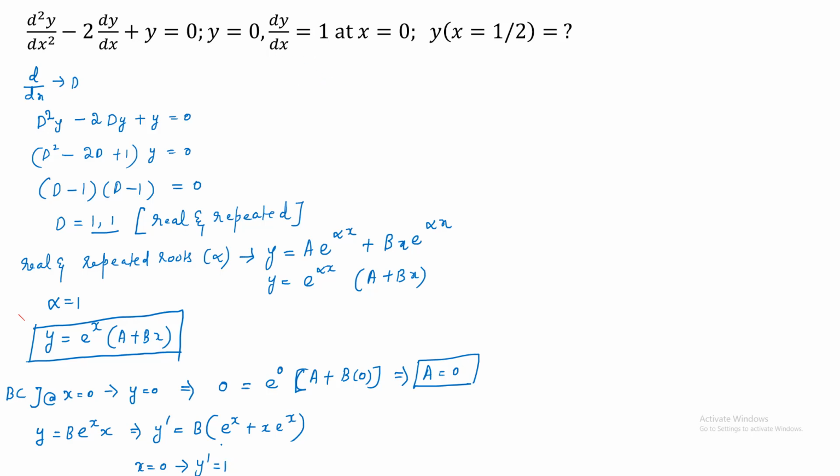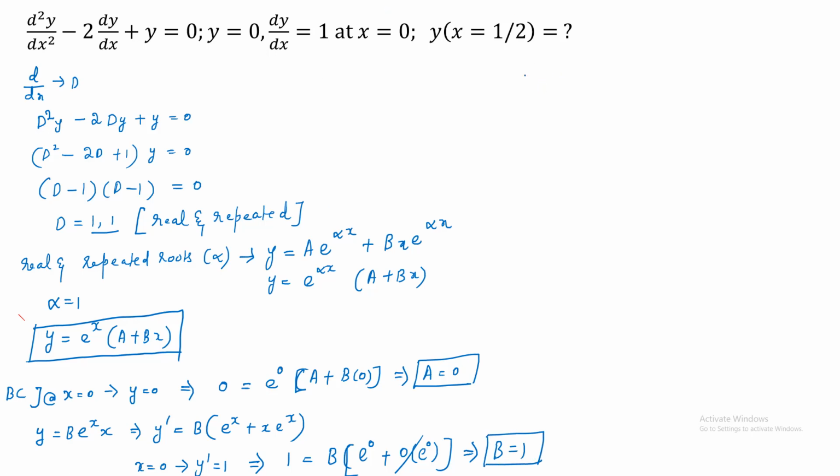That is the boundary condition. So if we substitute y dash is equal to 1, b into e power 0 plus 0 into e power 0, this term will get cancelled and we will have b is equal to 1.